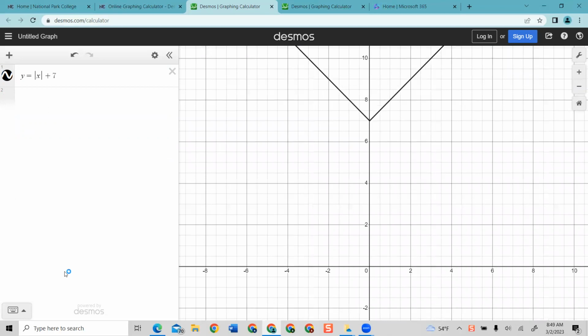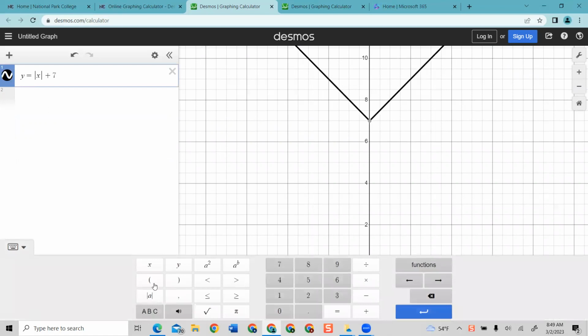But what if I needed some special keys? Down here in this left-hand corner, click on it, and you've got functions here. You have your x, your y, your a squared. When I was doing the squaring, I actually used the number 6 key on my keypad, the one with the caret, like part of a triangle.